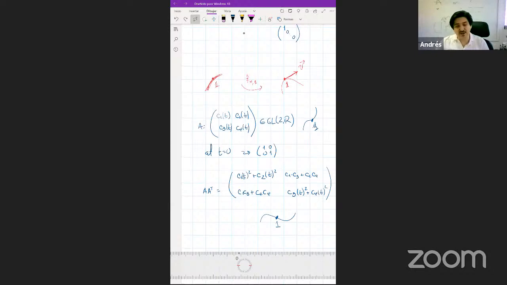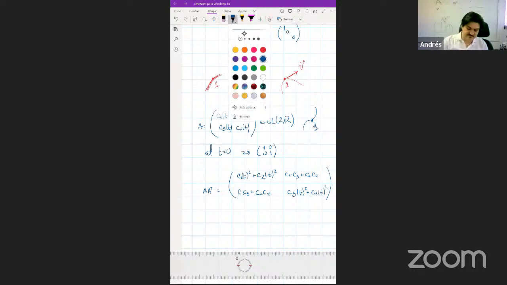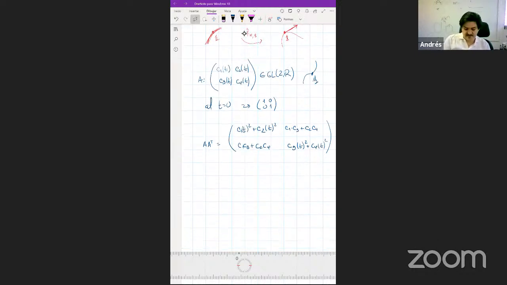But now you need to take the derivative with respect to t, right? And what is the derivative?